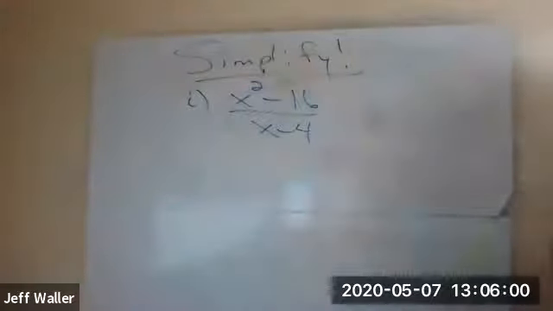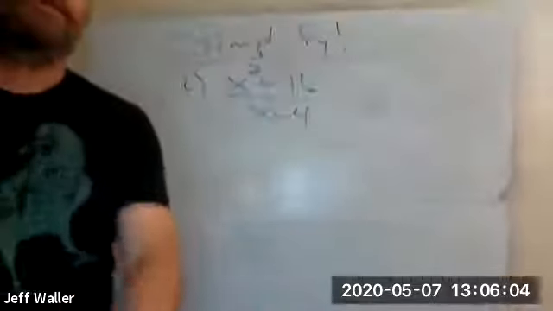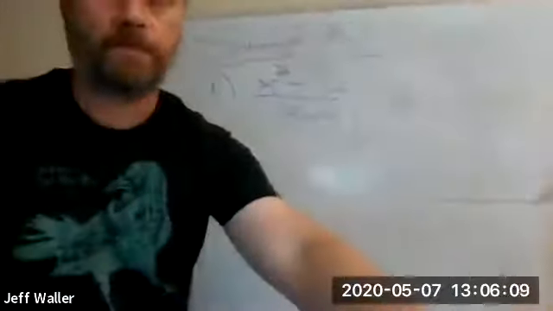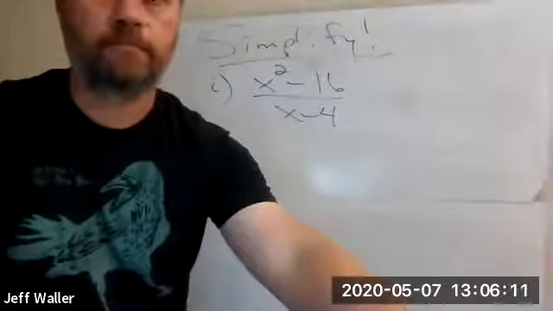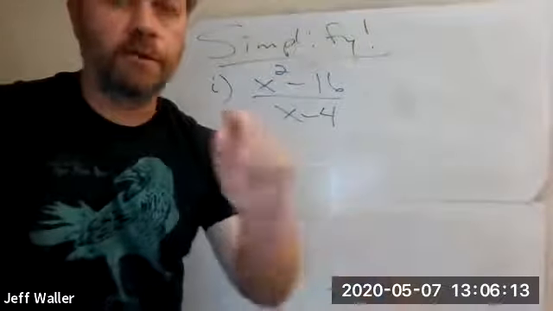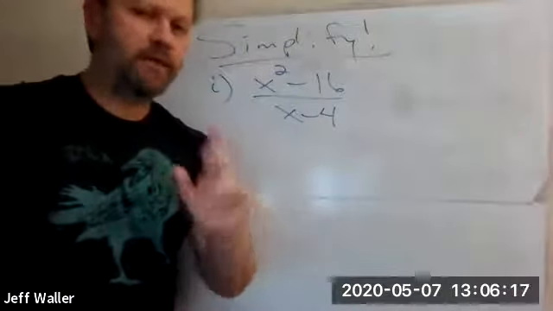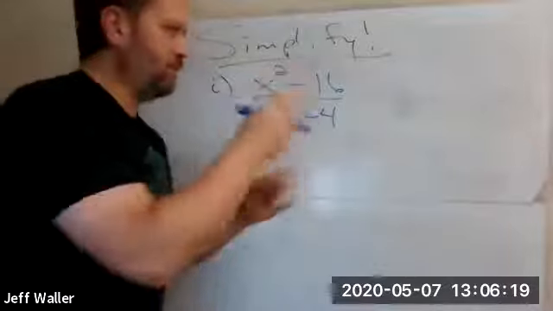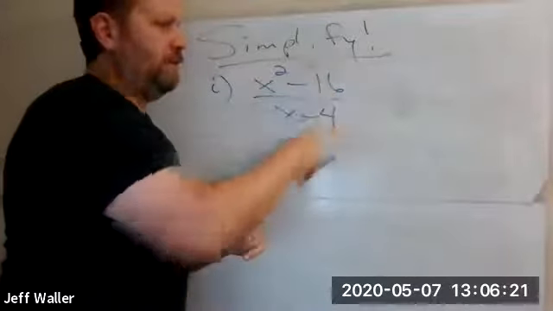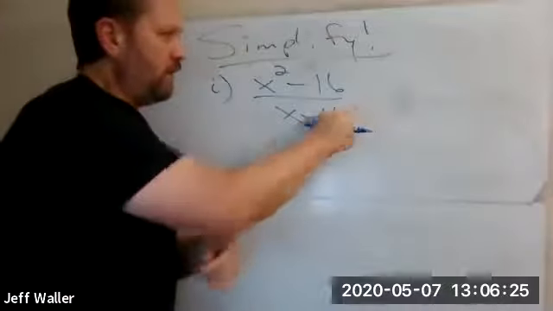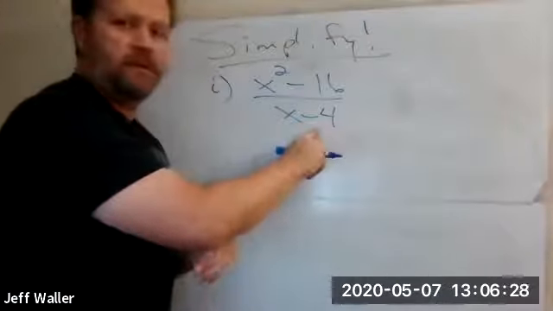Just simplify, not anything about what values make it work. What you cannot do, which is kind of evil on this problem because it looks like it works, is divide 16 by 4. No, because division cannot cancel parts of subtraction.